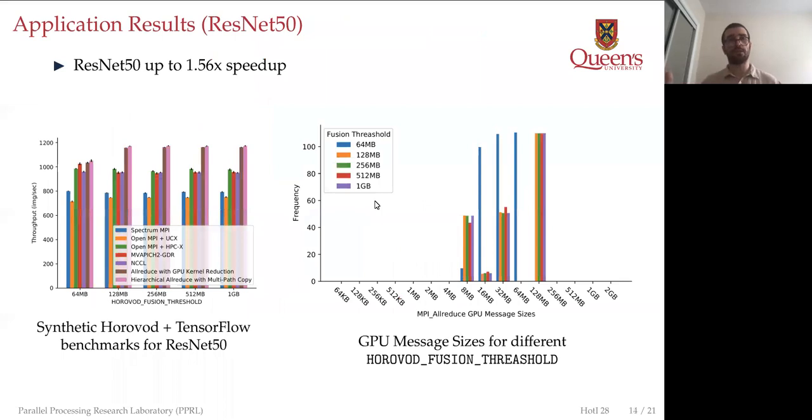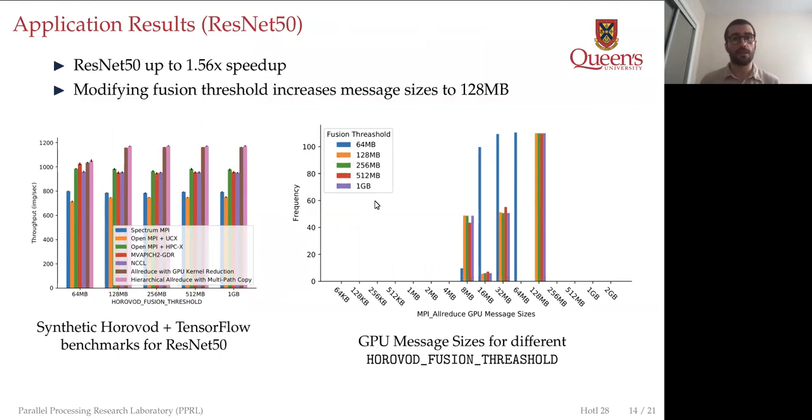So finally, we evaluated our results on some applications to see how they fit. So we tried a few different deep learning models, and this was just using the synthetic benchmarks for Horovod using TensorFlow. So for ResNet 50, we see a 1.56 speed up. And then we tuned the parameter Horovod fusion threshold because we noticed by varying this value, we could increase the performance that we saw.